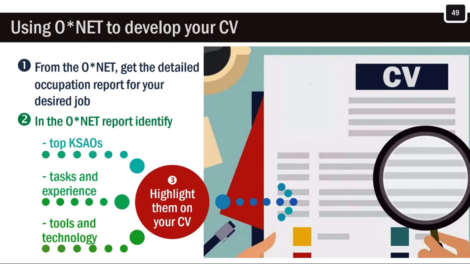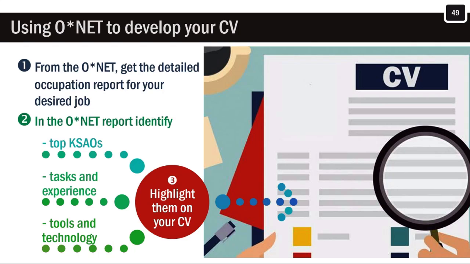And then what you can do is you can highlight this specifically on your CV so that you can demonstrate your match with the job characteristics. Obviously, you also need to match to the actual job description, but these vary and are not always constructed particularly well or properly because not everyone does a good job at job analysis, and not every organization does job or work analysis before they put together a job description and person specification.